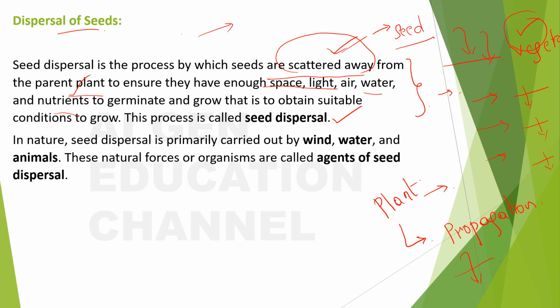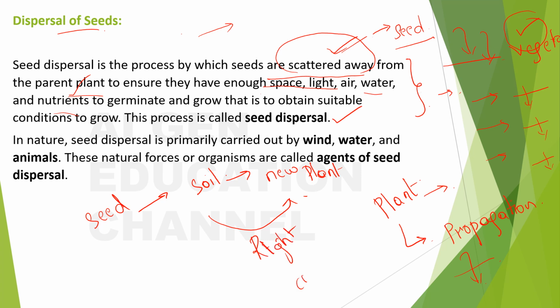The main thing that is important is that the seed should reach the soil through some means or other, so that it will grow into a new plant. And for this seed to grow into a new plant, what do we need? It needs the right conditions. Wherever there are right conditions, the seeds will grow.